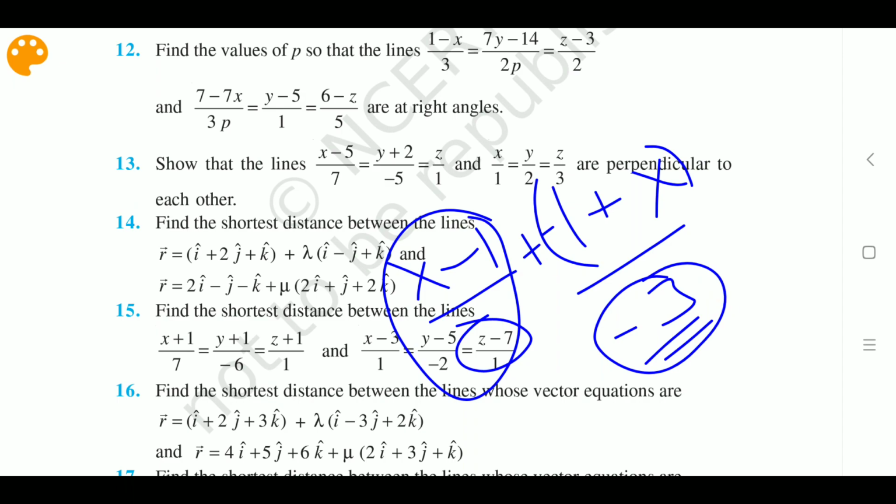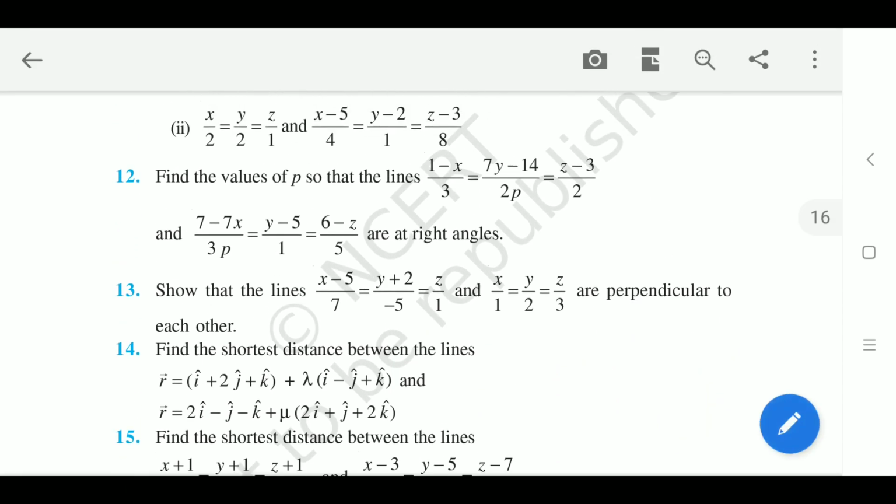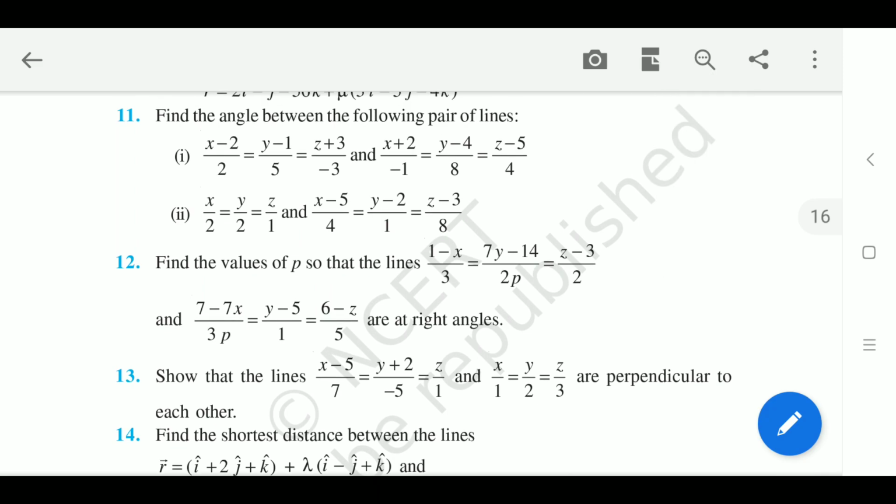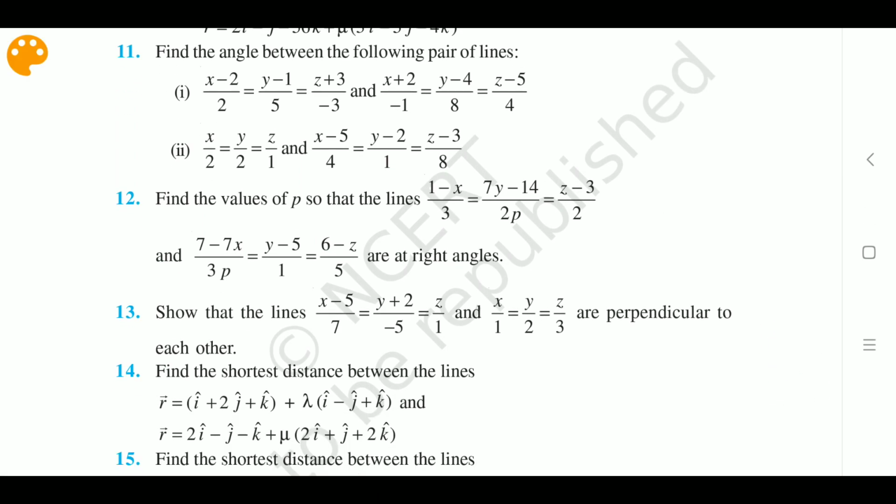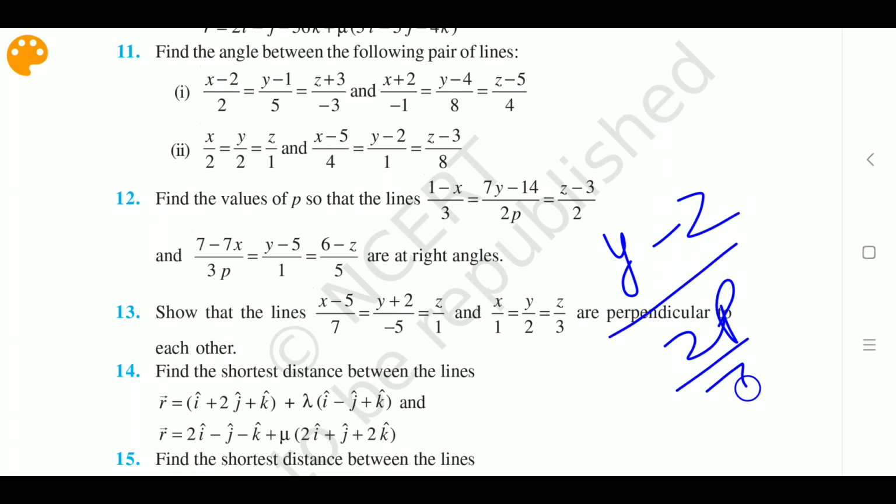Again we will take 7 common from this part, and it will make y minus 2 divided by 2p by 7, and in the last it is already in the correct form. So the direction ratio of the first line will be minus 3, 2p by 7 and 2. This is the direction ratio of the first line.